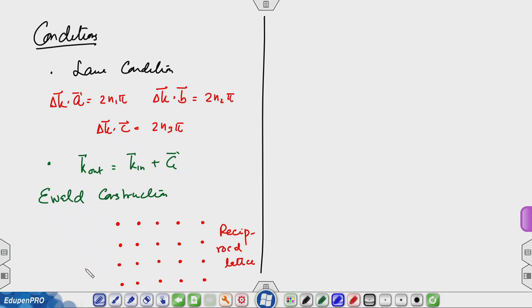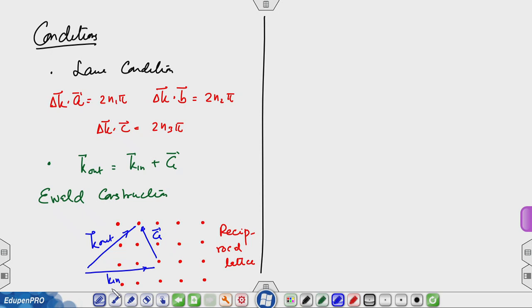And if there is a k coming in, then k out would be some sum of this k plus G. And for elastic X-ray scattering, this K in and K out has to be the same.